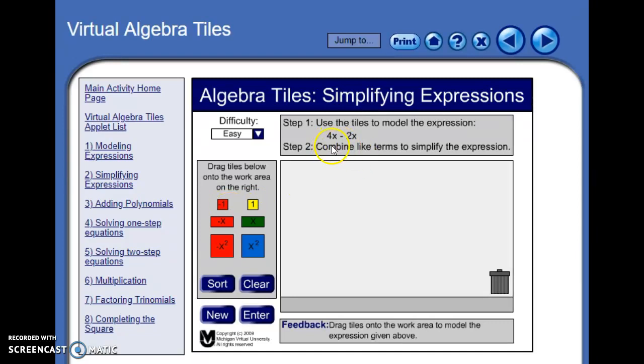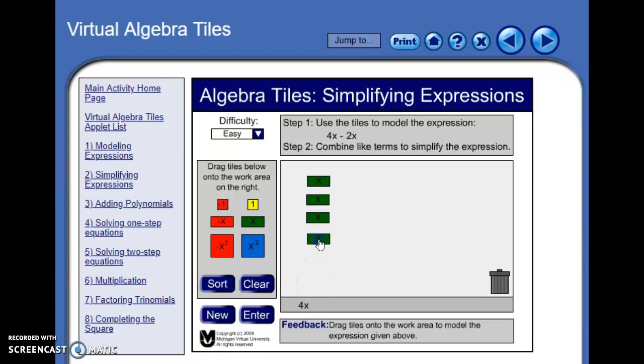So our expression that we have now is 4x minus 2x. And remember, when we're combining like terms and setting this up, we would first start with our 4x. So that 4 is positive, so I'm going to go 1x, 2x, 3x, 4x. And as you can see, it showed right here what that's going to look like.